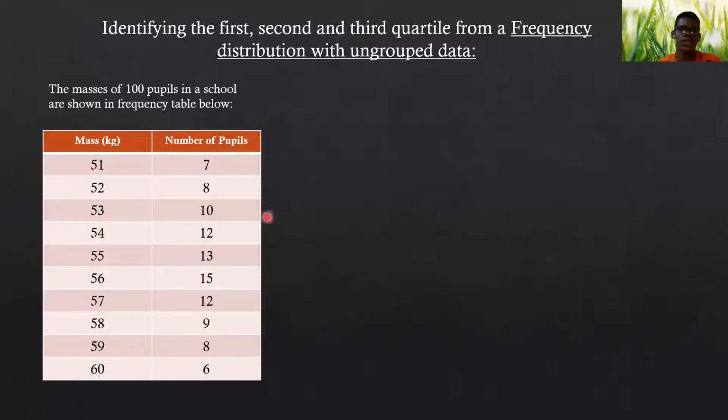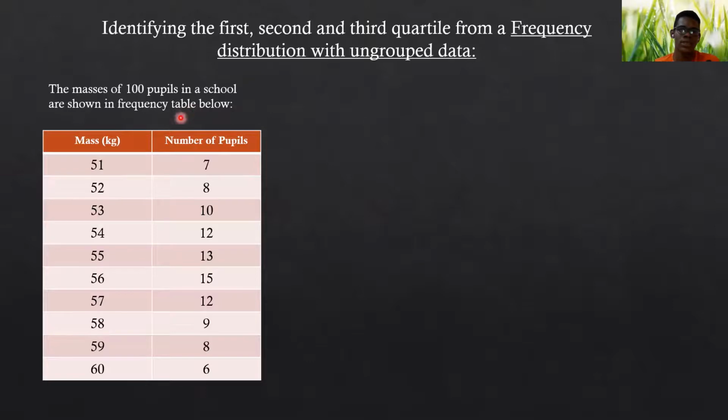Again, frequency table. Now the mass of 100 pupils in a school, again 100 pupils indicates our total frequency will be 100, are shown in a frequency table below. Now again, frequency table: observation column first, and the frequency column is next. Here it says number of pupils.